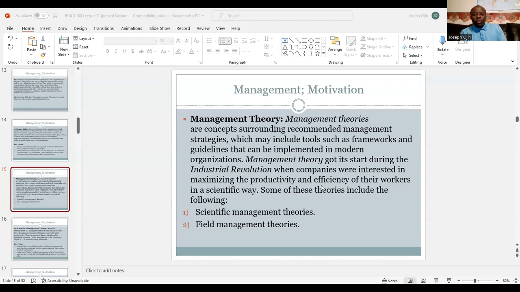The management theory. Let's look at the management theory. We know what a theory is: when the hypotheses have been confirmed scientifically, it becomes a theory.